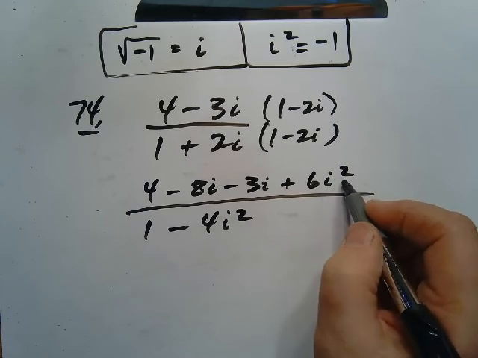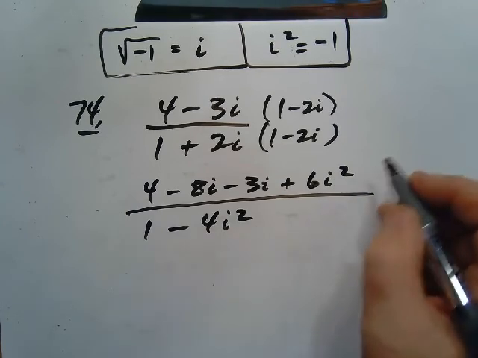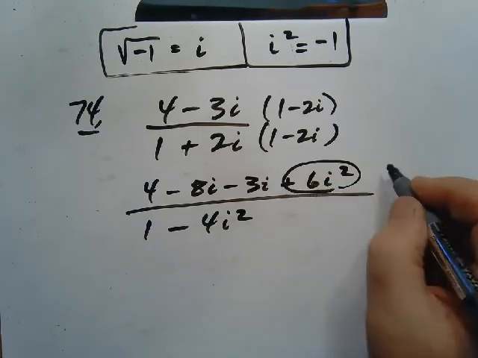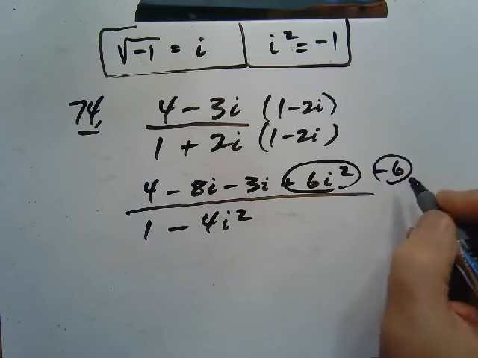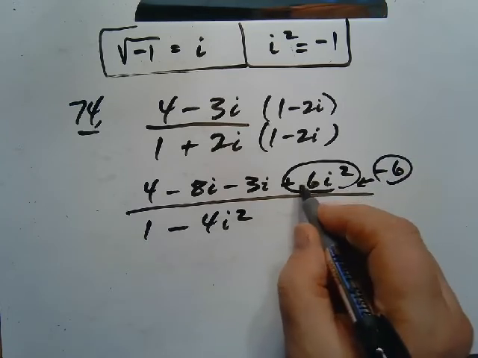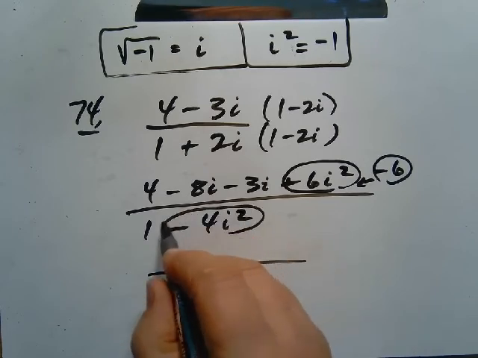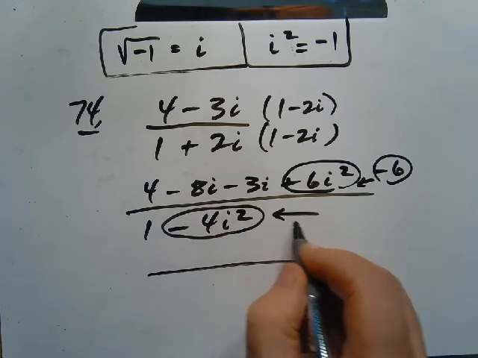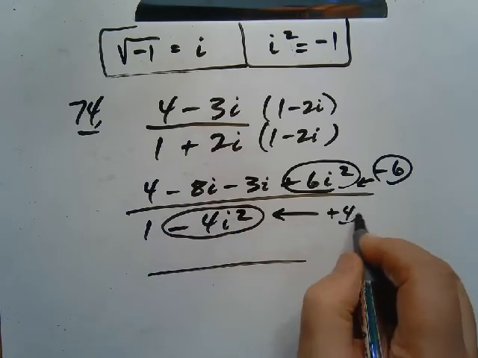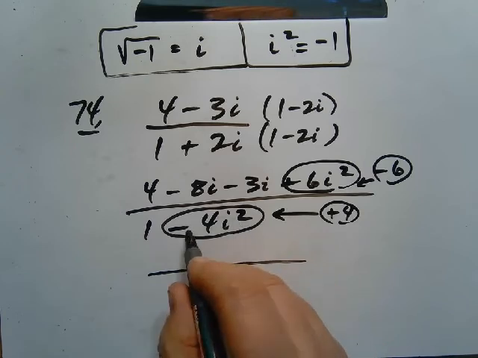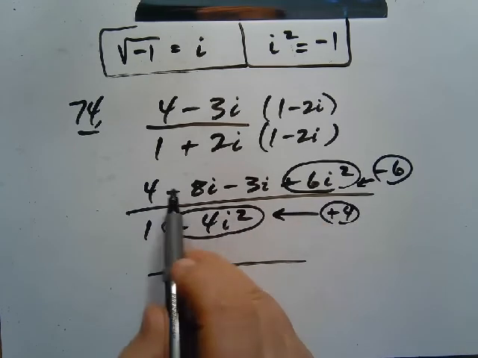Well, i squared is a negative 1. So this is all equal to a negative 6. True? Negative 1 times 6 is a negative 6. And this is all equal to a positive 4. Isn't that right? Negative 1 times a negative 4 is a positive 4.